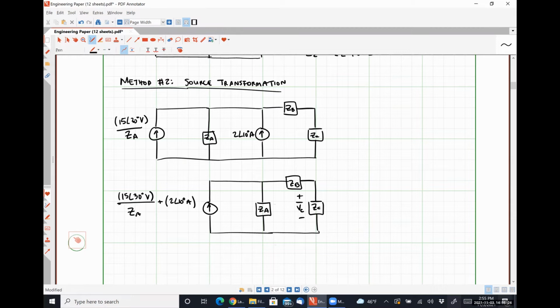We could do another source transformation here to get a single loop circuit with which we can apply voltage division. We could do current division and Ohm's law like we have done previously. Both of those are fair game. Those would be the two methods that jump out at me the most.